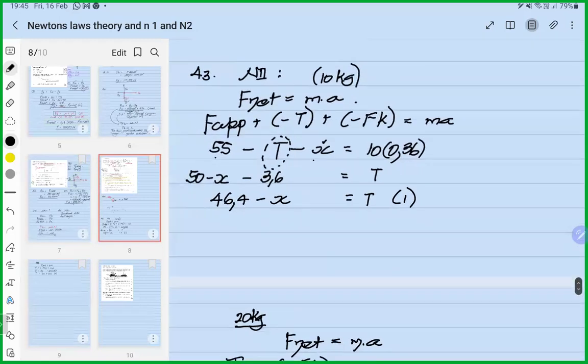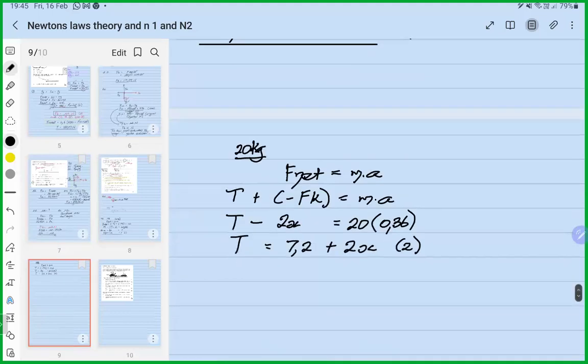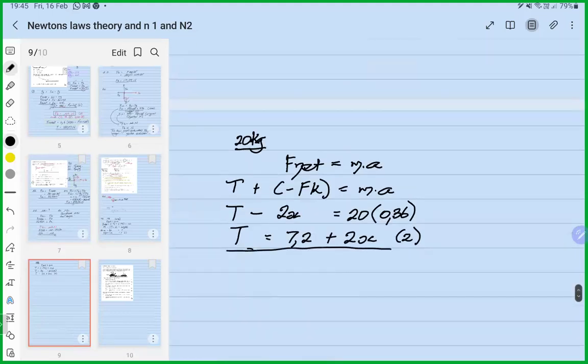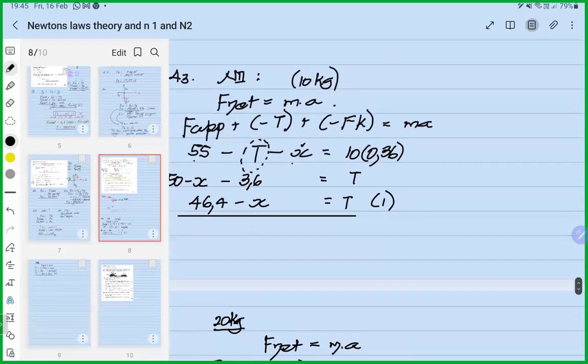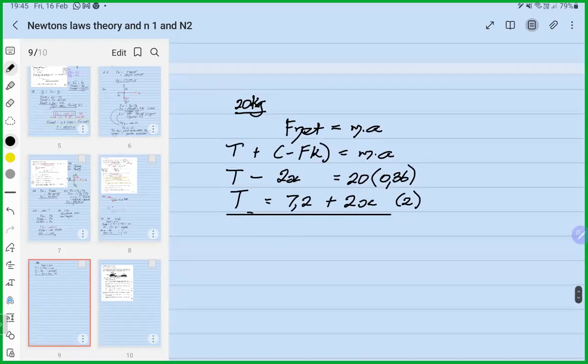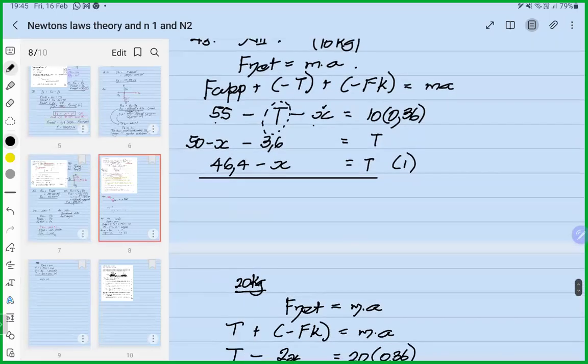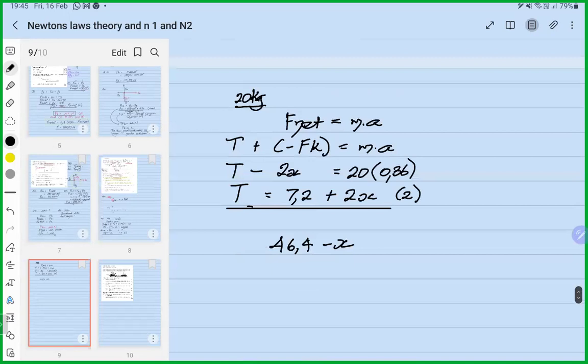Now look at this. I got my two equations for T sorted out. I can now solve for x, where x is my kinetic friction. So 46.4 minus x is T, and 7.2 plus 2x is also T. So that's going to equal 7.2 plus 2x. 46.4 minus 7.2.